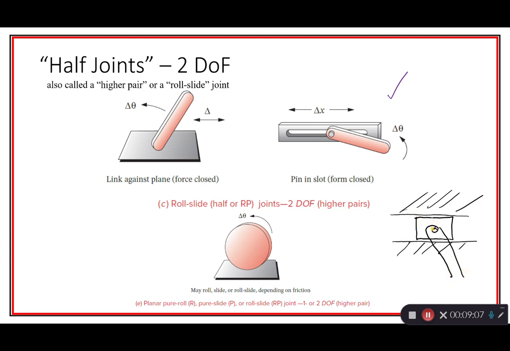So instead of this up above, I would have this is a link, this is a link, and also this is considered a link. The ground is considered a link, but it's only considered a link one time for an entire mechanism, so you don't have to keep counting it every time you have a ground. The ground is the ground no matter where it is in the mechanism.